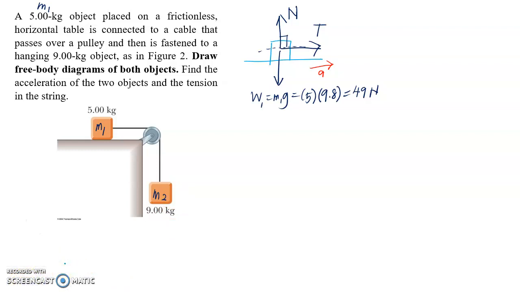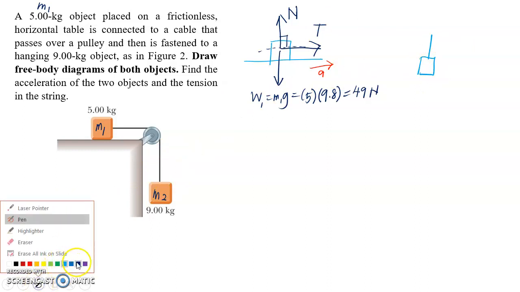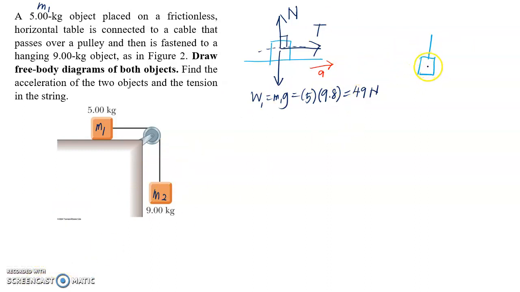Now I'll be drawing the second mass, or mass 2. First, I will be drawing the outline, the block with the string, and then now we'll be drawing the forces. First of all, there will be weight, labeled as W2, which is equal to M2 multiplied with g.